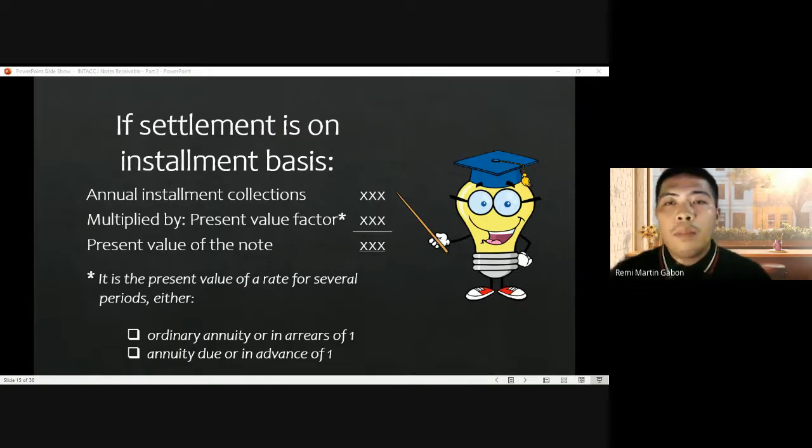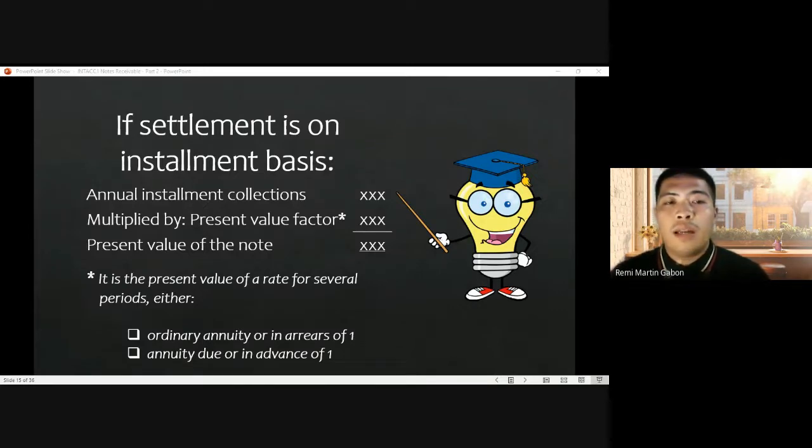It could either be ordinary annuity or annuity due. Ordinary annuity is referred to sometimes as in arrears of 1. Both ordinary annuity and in arrears mean annual. Okay, complete annual.